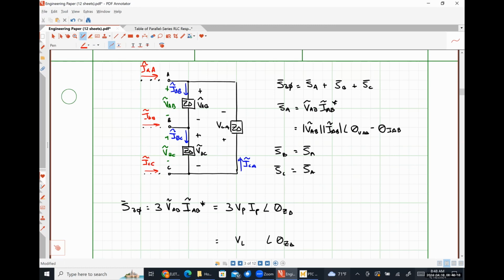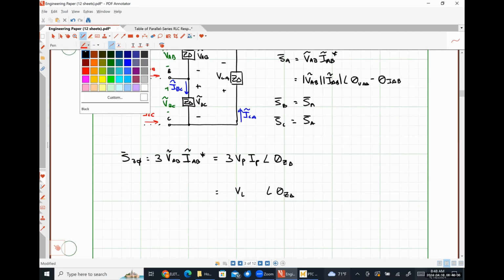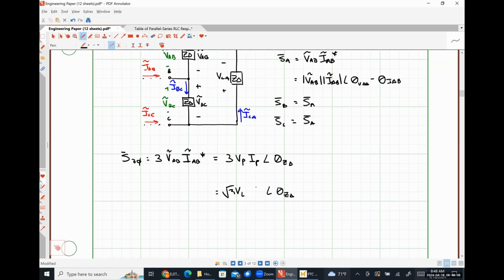So how is the current IAA and the current IAB related? √3, but it was an angle of -30. Because we're only looking at magnitudes, we don't care about that -30 degrees. So what we're going to wind up getting is √3 VL IL angle theta Z.